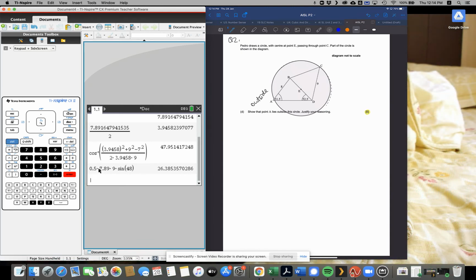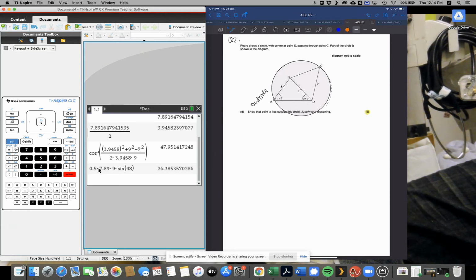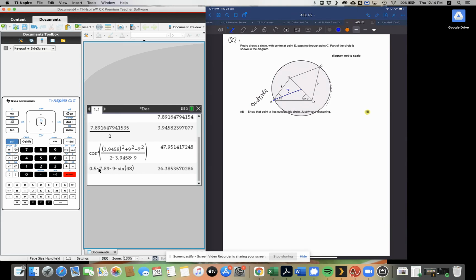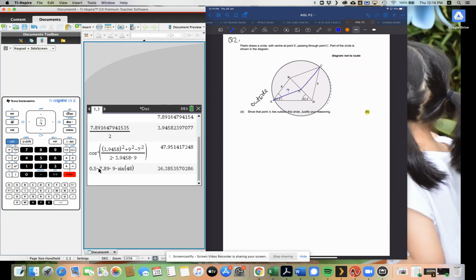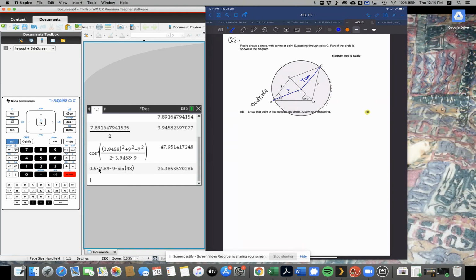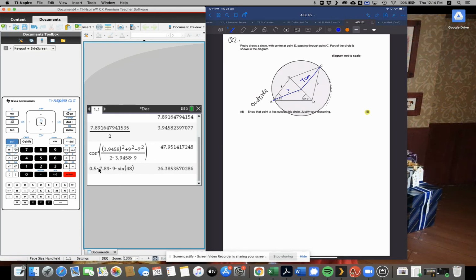That means if we can work out the length of AE and show that it is longer than EC, then we can prove A is outside, because AE is longer than the radius of the circle. It must lie outside. So one mark for recognizing that you need to work out the length of AE.